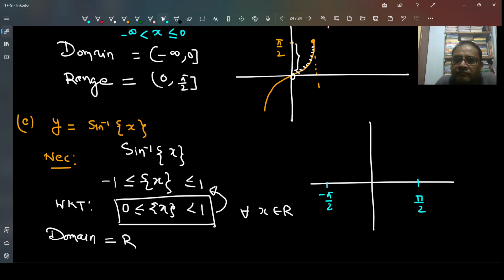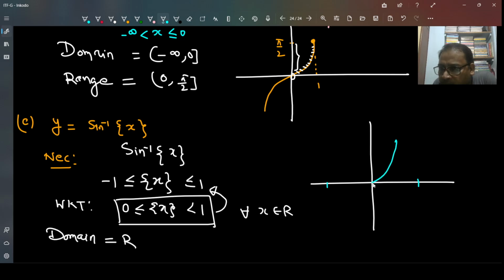Wait, why is it minus pi by 2? It is 1 to minus 1.